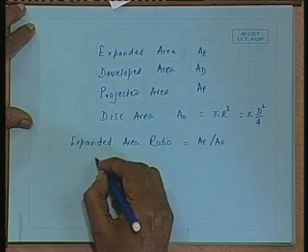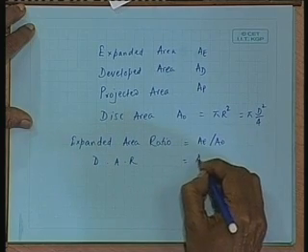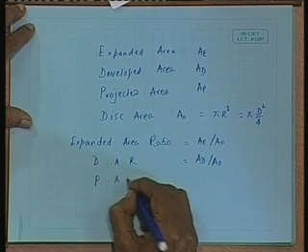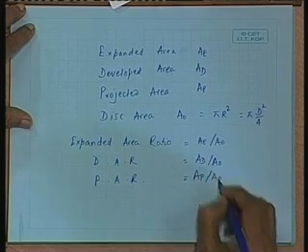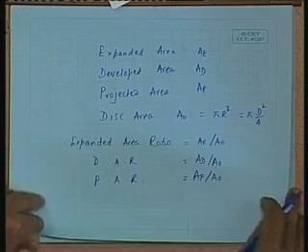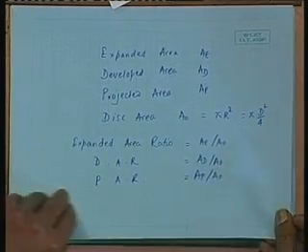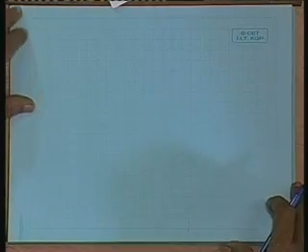Similarly, developed area ratio is equal to AD by A0 and projected area ratio, which is equal to AP by A0. So, this is the definition of area. Propeller diameter is given by D and propeller pitch, as we have seen, is given by P.